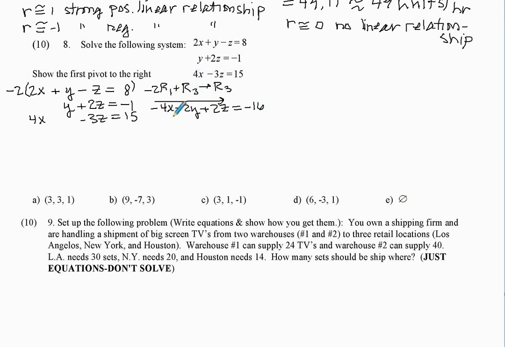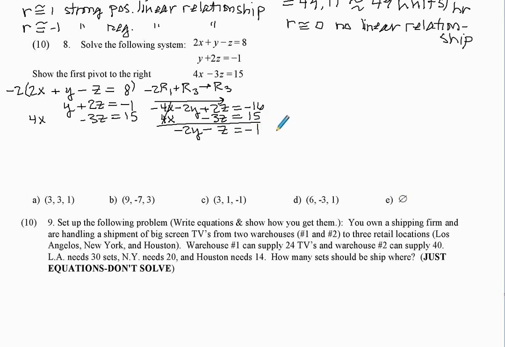Then we're adding that third equation: 4x minus 3z equals 15. If we add those, the x terms cancel out. We get -2y, positive 2z minus 3z being -z, and -16 plus 15 being -1.